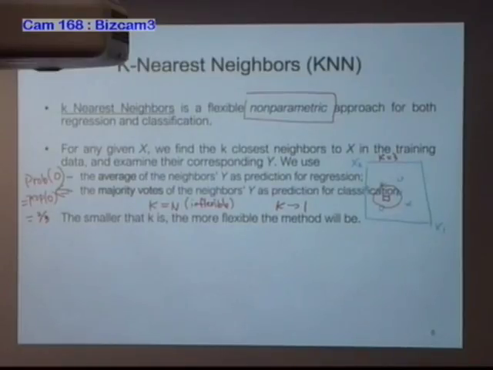There are a lot of changes. It can be very flexible. Later I'll have a more solid illustration, but intuitively, when you take fewer neighbors, there's more fluctuation. When you take more neighbors, it's more stable. It doesn't change very frequently. But that's a nice parameter for us to play with so that we can illustrate how we do overfitting and how we do underfitting.